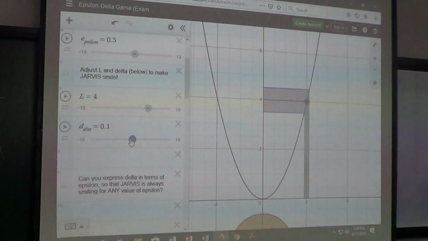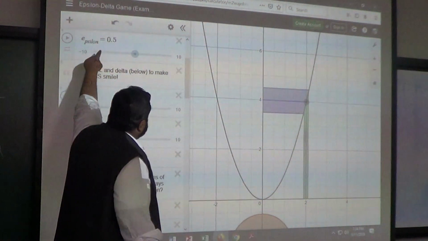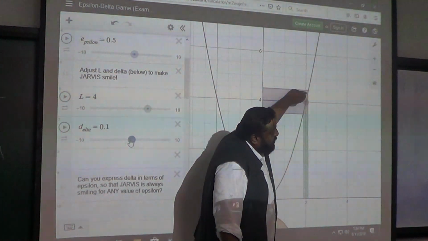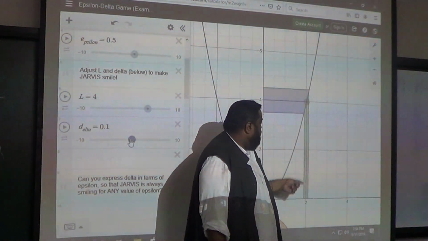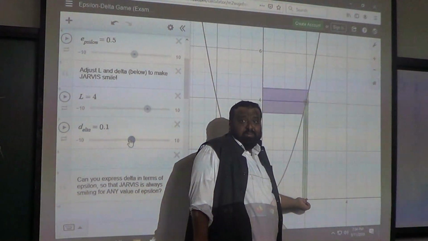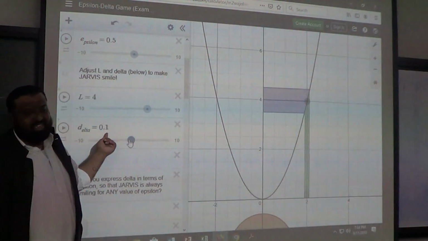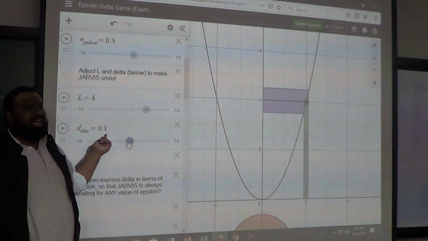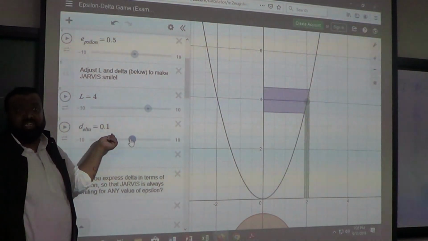So for this epsilon around the output 4 on this curve, you need to choose the inputs from this small interval, whose radius is 0.1.